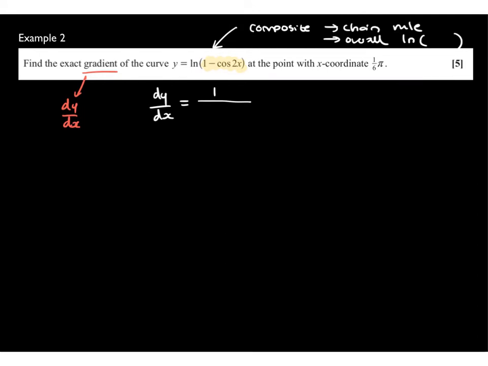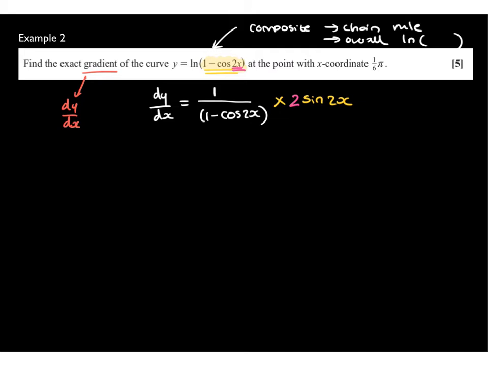But we must remember that we've got to then multiply by the derivative of the inner function, which requires an application of the quick chain rule. 1 differentiates to 0. Now we know cos differentiates to negative sine, so because there's already a negative there, we'll end up with sine 2x, but of course we need to multiply by the derivative of the inner function here as well, so we get 2 sine 2x.